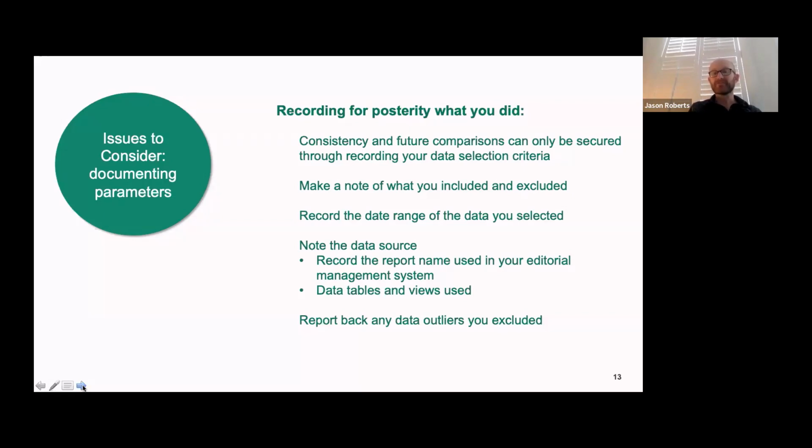Also important, record the report name. If you're using one of the main editorial management systems, actually document the name of the report that you use to pull the data, because sometimes the numbers can be different. So, for instance, if you want to get some information on reviewers, you might get a different result if you're reporting on total reviewer performance, or reporting from the manuscript data.